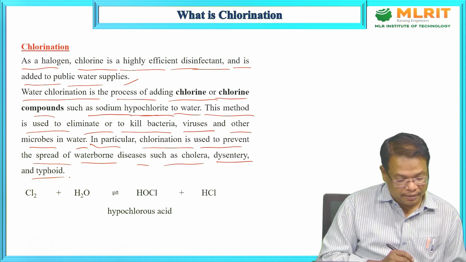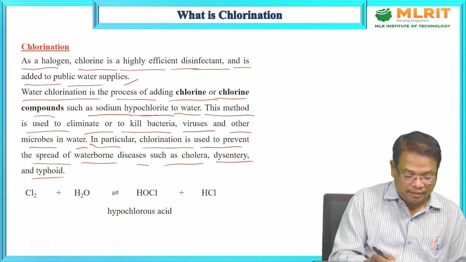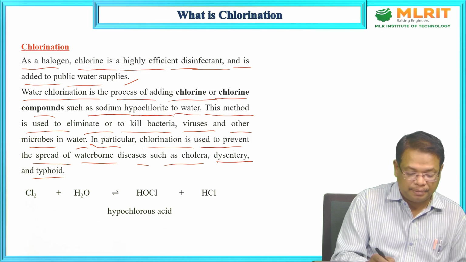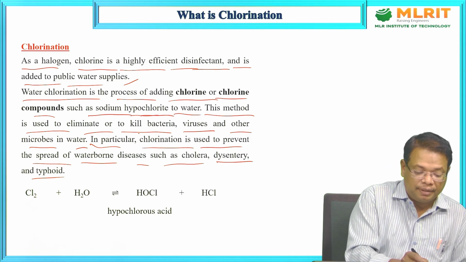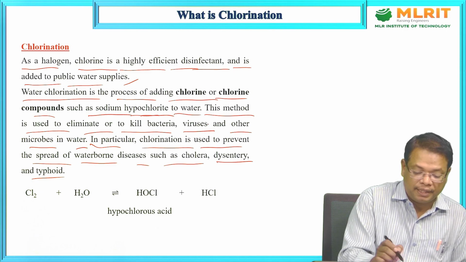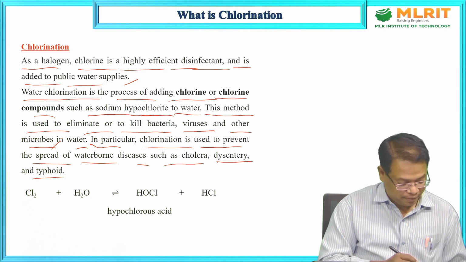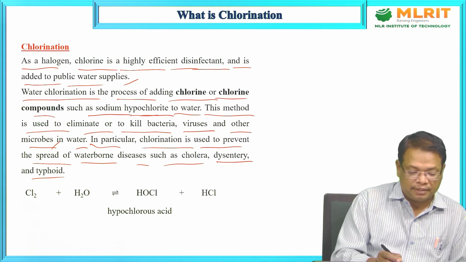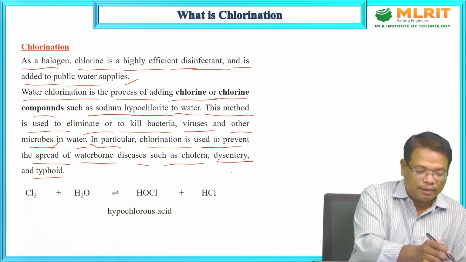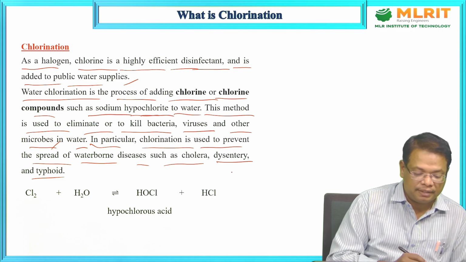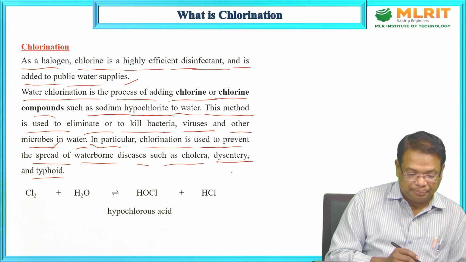These diseases are caused by the presence of organisms like bacteria, viruses, and other microbes in the water. So, we have to kill all of these at any cost with chemical methods like the chlorination method to disinfect the water.